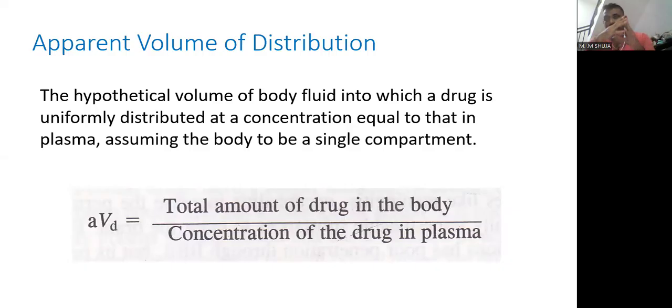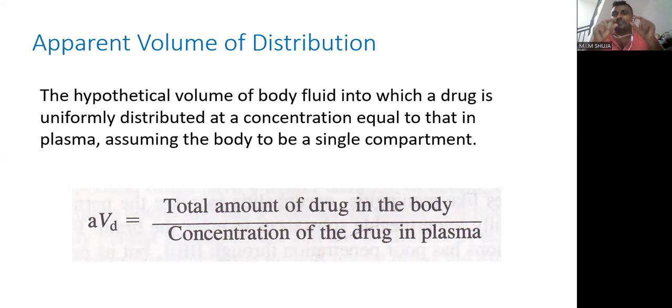Then from plasma, it goes to all the compartments. But we only know the concentration in the plasma. So if we know the total amount of drug we give, we divide that by the concentration of drug in plasma, and we assume the same concentration prevails in all the other compartments. Then it will give you a number, that is the volume of distribution.